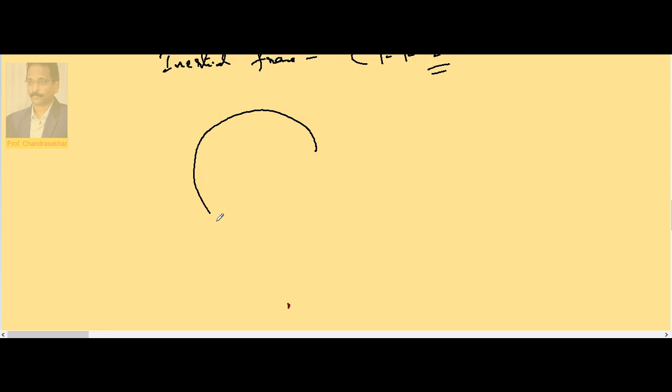That means when a body is moving along the circular path, the person inside the bus, if I imagine a person here, he experiences an outward push. Definitely he feels some force is pulling him outwards.